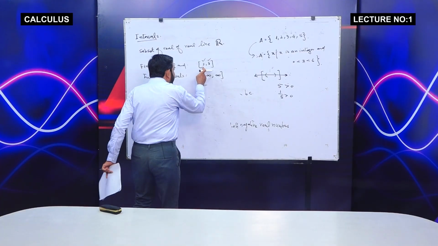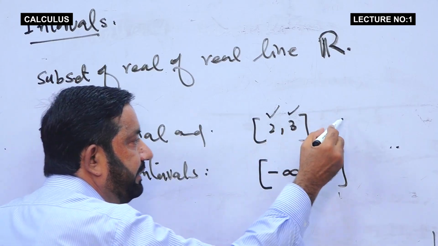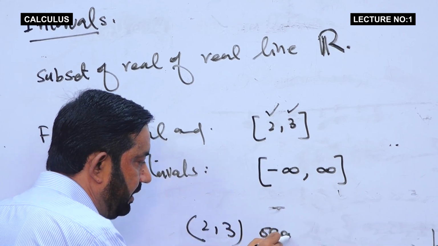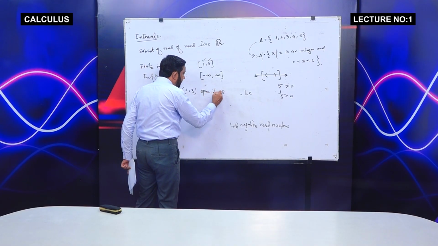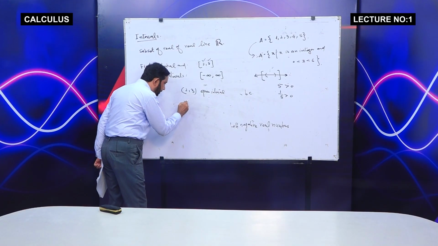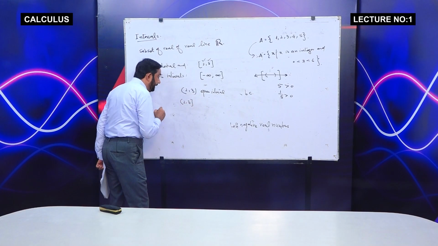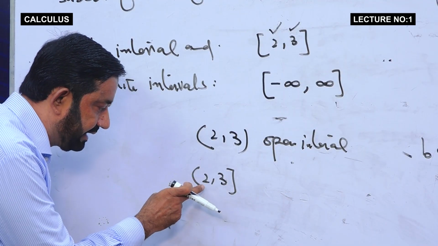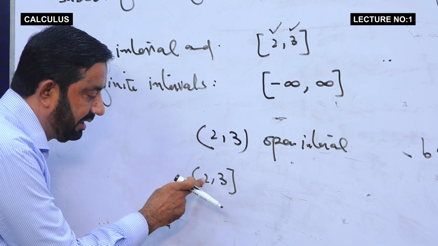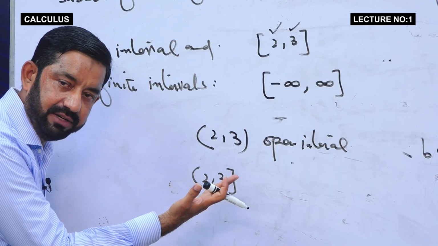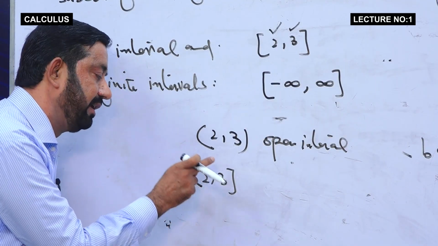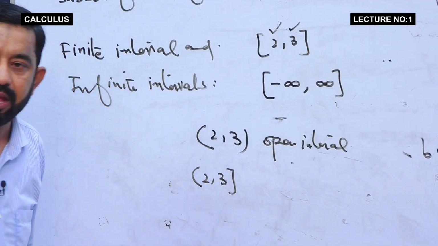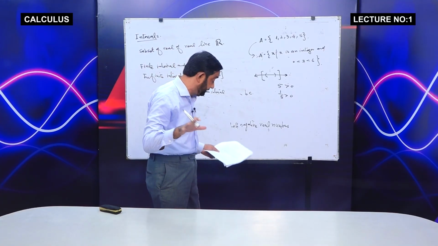If both endpoints are not included, then we say this is the open interval. And if we write in this way, it means that this is the half open interval. 2 is not included, all the points start from the right side of 2, and 3 means the interval ends with 3, but 3 is included in the interval.